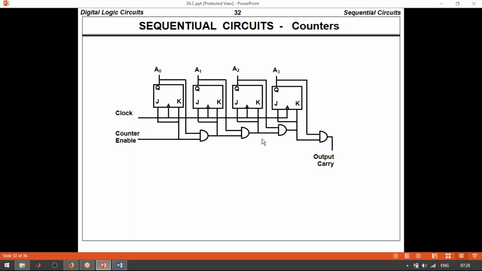Because here all the flip flops are connected in toggle condition, this AND gate will act like a clock pulse. So automatically delay will be introduced on every JK flip flop, which responds like a normal 4-bit counter.